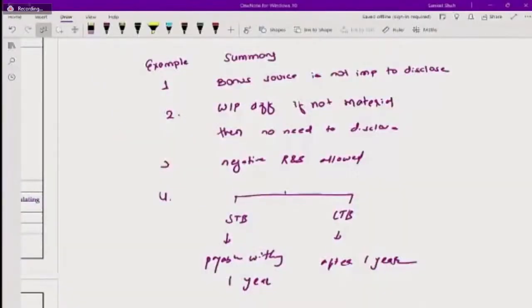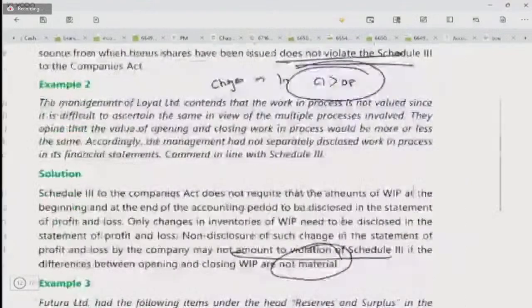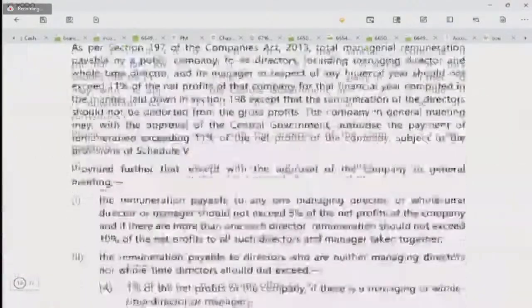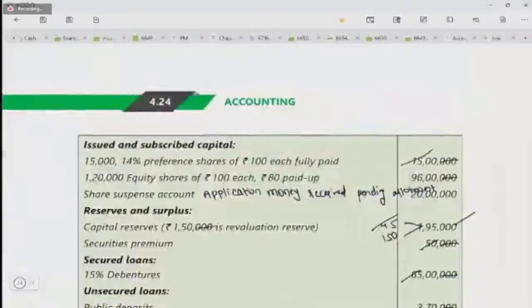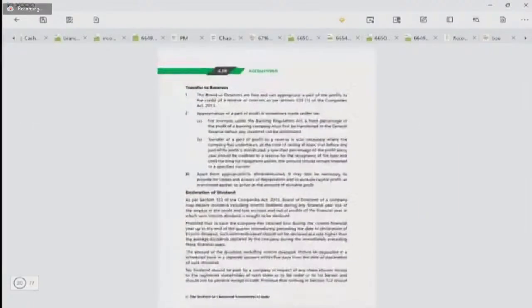Those students who want to take a screenshot, the examples are also useful. Now, is anything left from my side? Manager remuneration is over. This is also over, dividend rules.